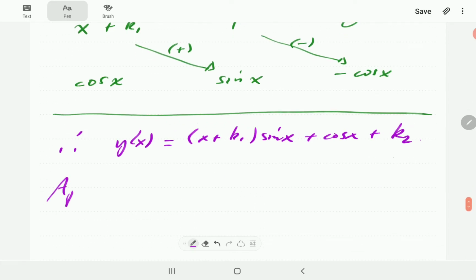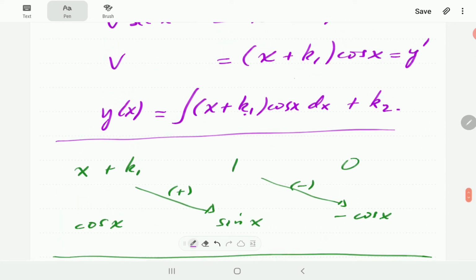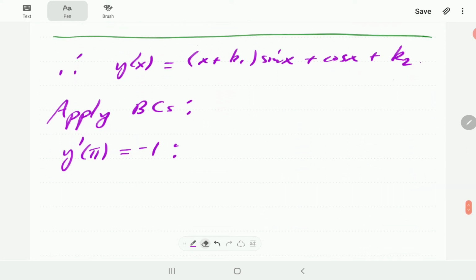Then we can bring in the boundary conditions. So let's start with the derivative one. When x is pi, y prime is -1. So the derivative is here. So that means this is going to be -1, and we're going to plug in pi here.